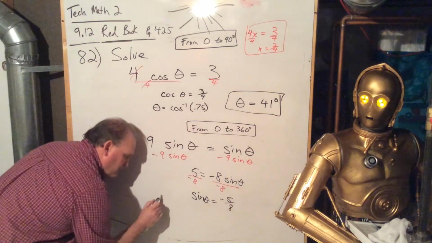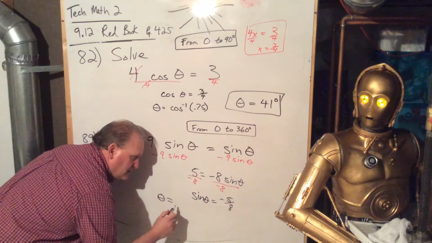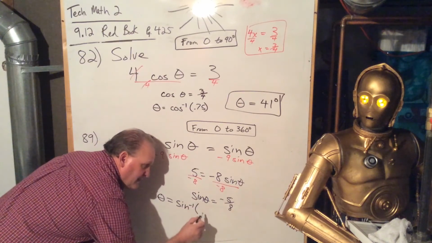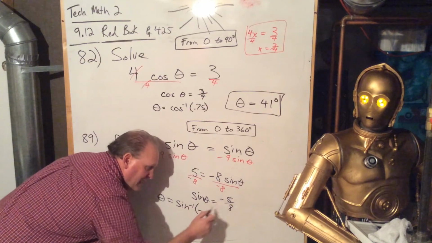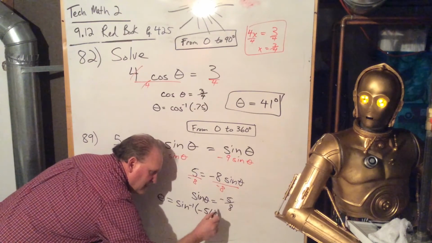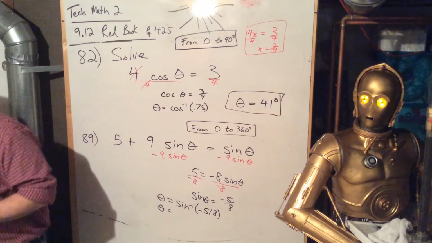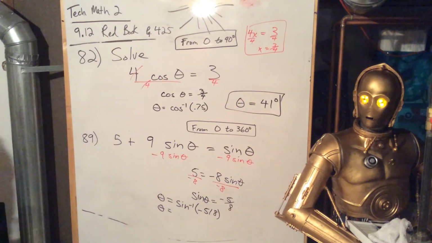So in our calculator, we're going to put theta is equal to the arc sine of negative 5/8, 5 divided by 8. And so what will that kick out? That's only going to be one of our answers.